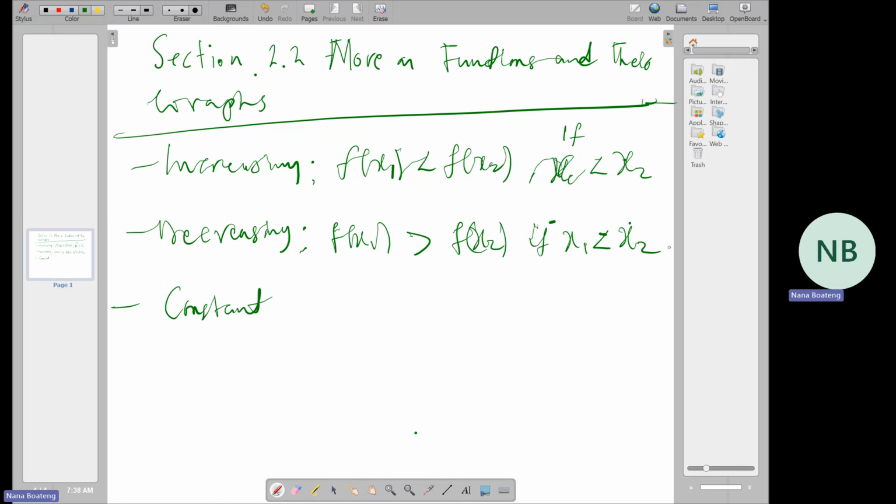Then we say that function is decreasing in the open interval.